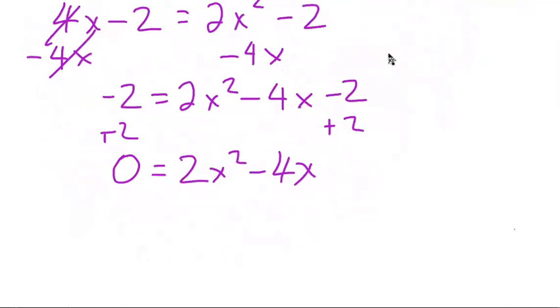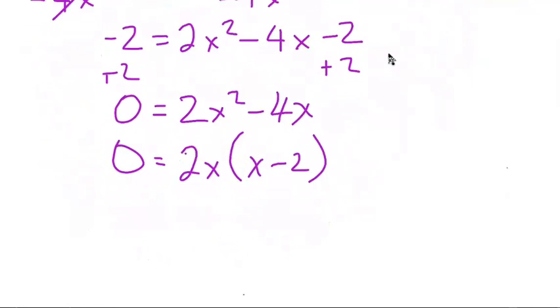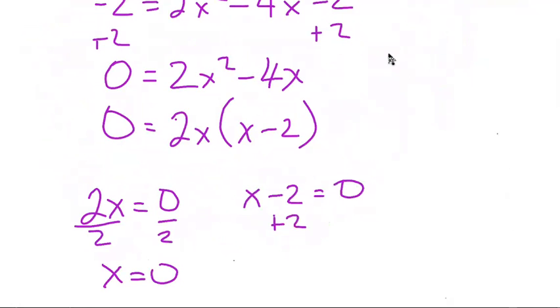And then I can factor: 2x, x minus 2, and then solve, just like we were doing before when we were factoring and solving our polynomials. 2x equals 0, divide by 2, x equals 0. X minus 2 equals 0, add 2, x equals 2.